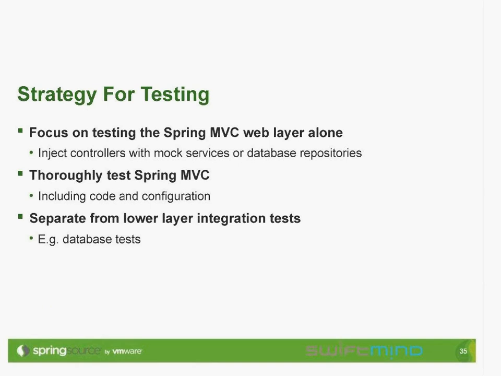So if I can summarize a possible strategy for testing using this framework, you can focus on testing the Spring MVC web layer alone, which means that you can continue to inject controllers with mock services or mock database access objects or database repositories.